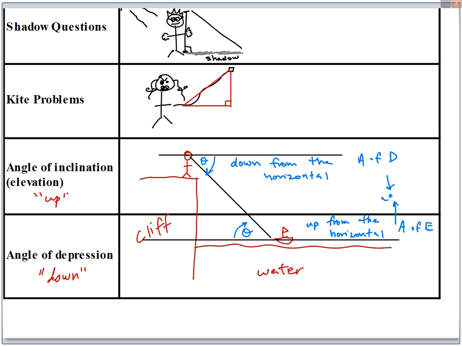And they are equal to each other. So it's all about the line of sight. If you're in the boat looking up at the person, it's measured from the ground. If you're on the cliff looking down at the boat, it's measured from this imaginary horizontal, from your eyes. It measures down.